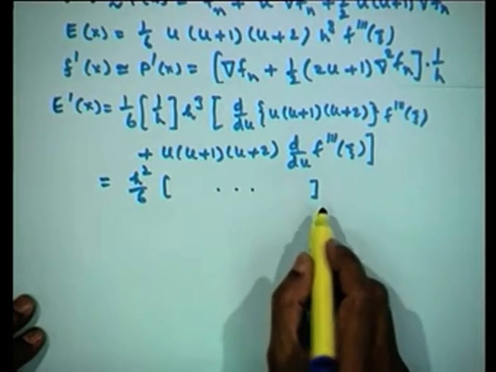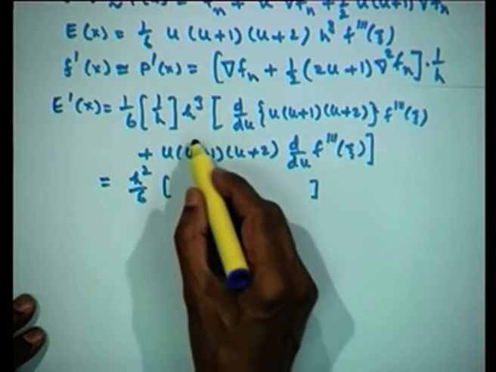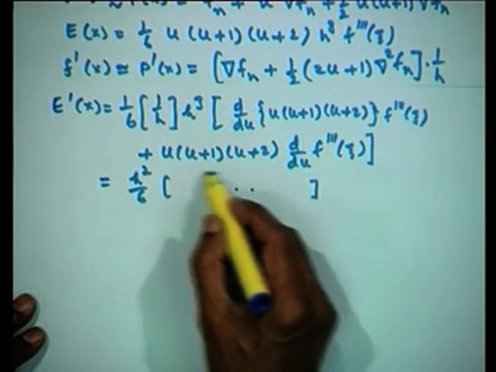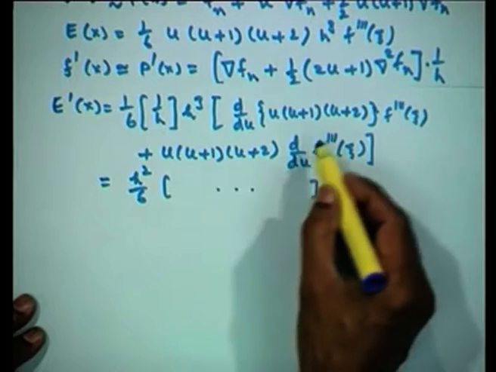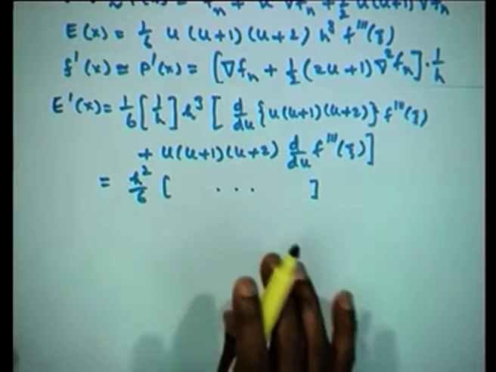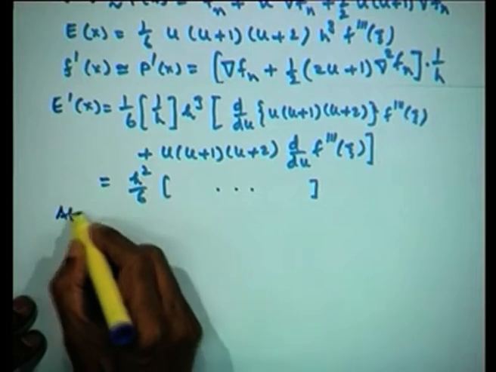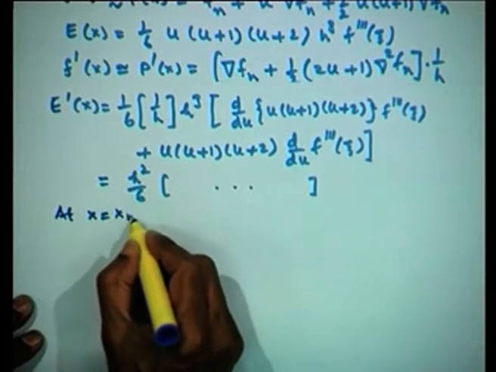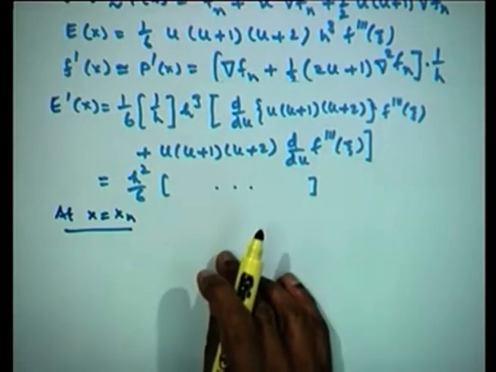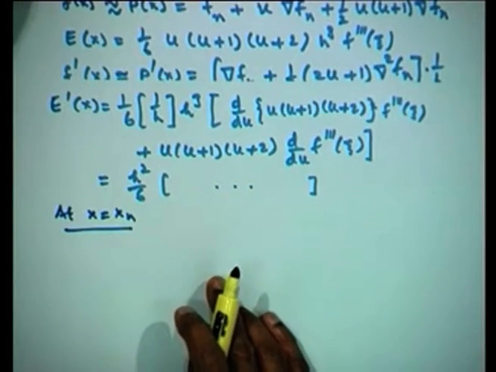Now, at the nodal points this formula simplifies, because we know at the nodal points this is going to be 0. So, let us derive at x is equal to x n. That is what we have been asked in the problem, derive the formula corresponding to formula 1 of this one.